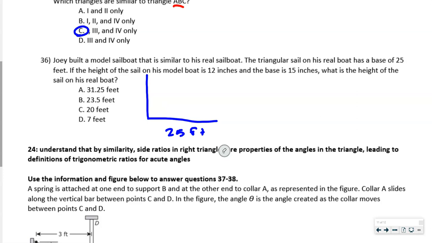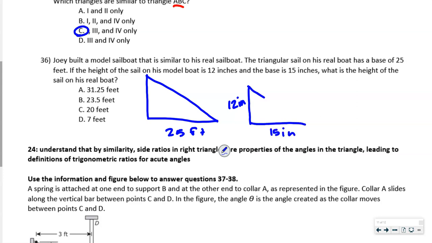Oh, okay, so we don't know the height of the other one. So I'm gonna go ahead and just leave it like that. Okay, then we have the model. So the height of the sail on his model boat is 12 inches, right? And the base over here is 15 inches, okay?